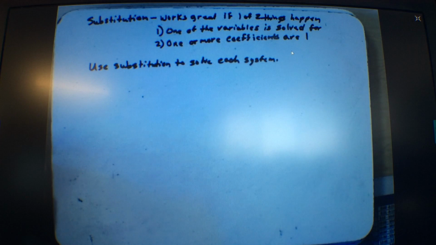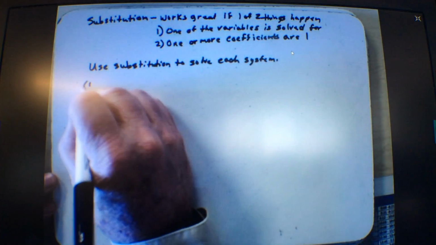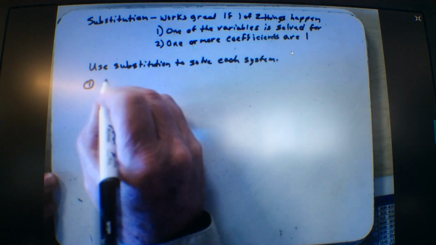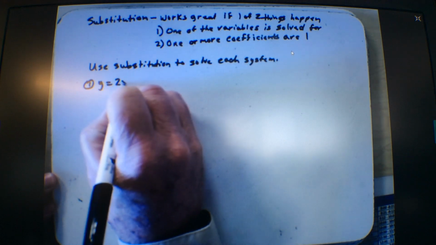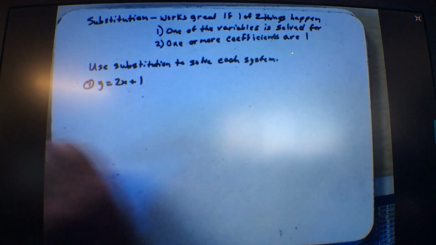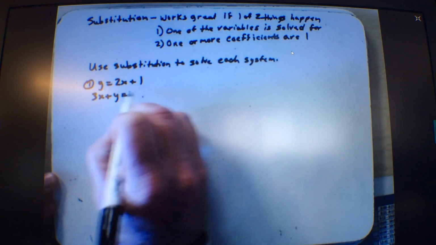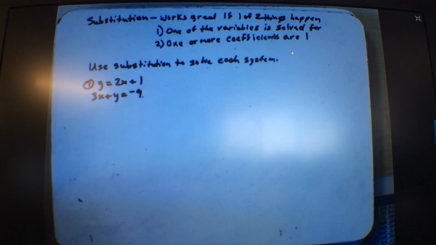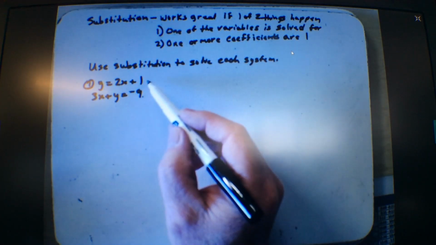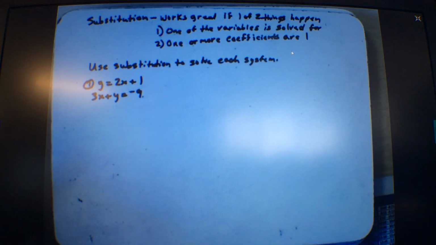Now, Caden, we're not going to be able to see our answer, so it could pose a problem with what we're doing. y equals 2x plus 1 and 3x plus y equals negative 9. Since we're not going to graph it, we forget that these are two lines, correct? And two lines can do one of three things. They can intersect, they can be parallel, or they can coincide, correct?